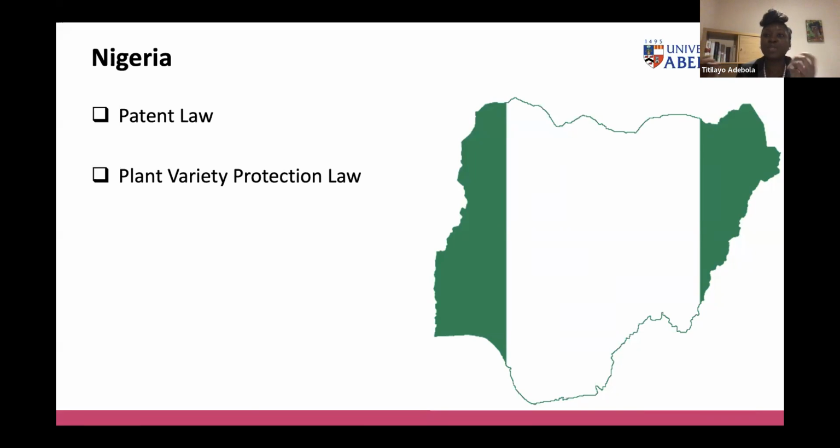And the question will be, how do we interpret the legitimate interest of this plant breeder? So we have not gone as far as introducing institutional, administrative, or judicial standards to help with interpreting the exceptions that have been introduced to take into consideration the interest of farmers, which I would believe was the intention of the lawmakers.